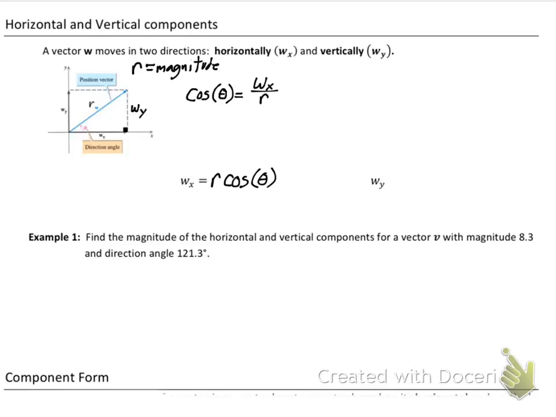So we're going to have sine of theta equal to our opposite, which is our vertical, which is w sub y, all over our magnitude, which is r. Which tells me that if I ever want to find my vertical component, or my y value, I'm just going to take r and multiply it by the sine of that theta.